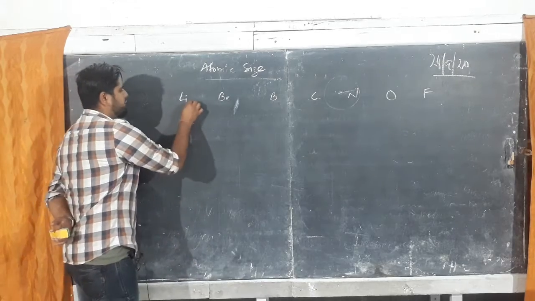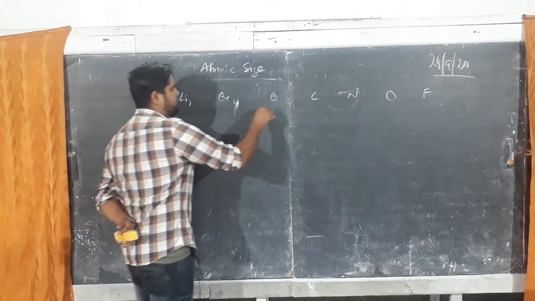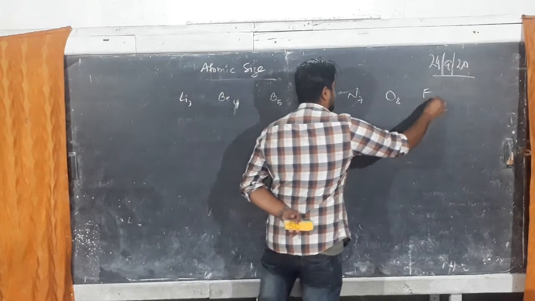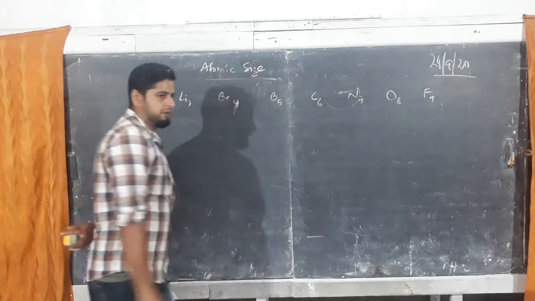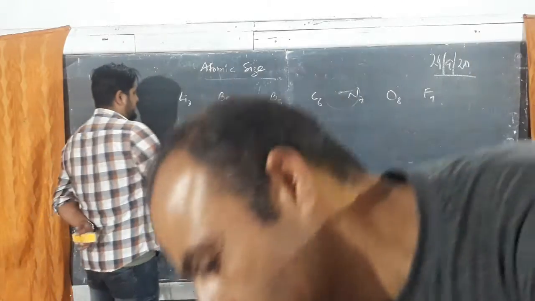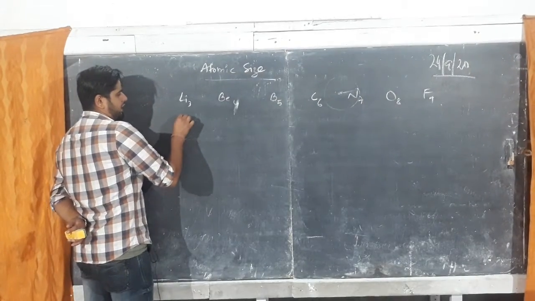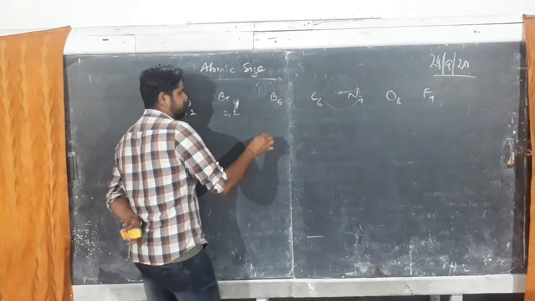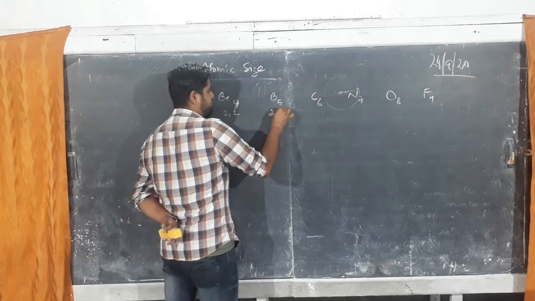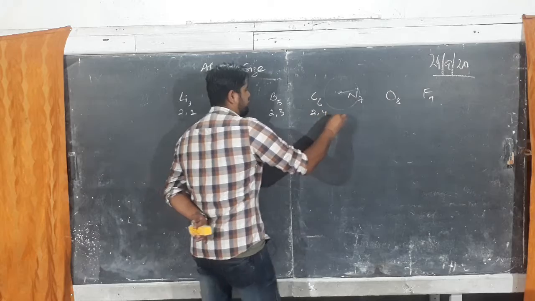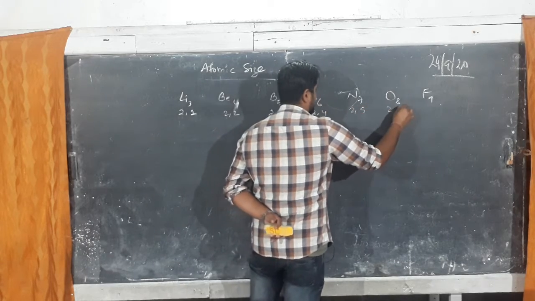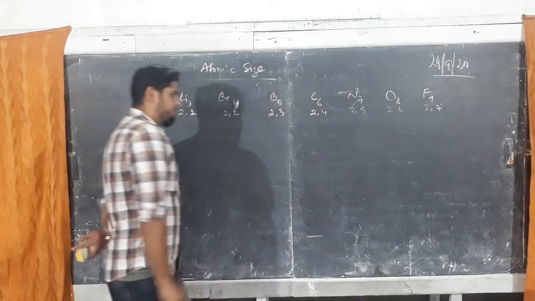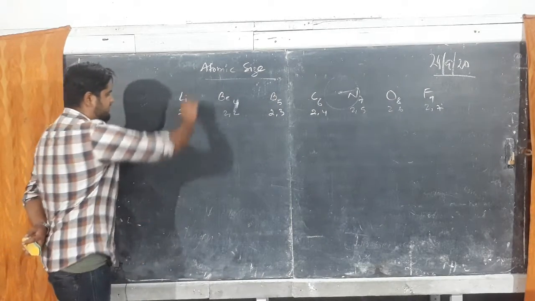Atomic numbers 3, 4, 5, 6, 7, 8, 9. Now the electronic configurations are 2,1; 2,2; 2,3; 2,4; 2,5; 2,6; 2,7. Yes. Let us draw.